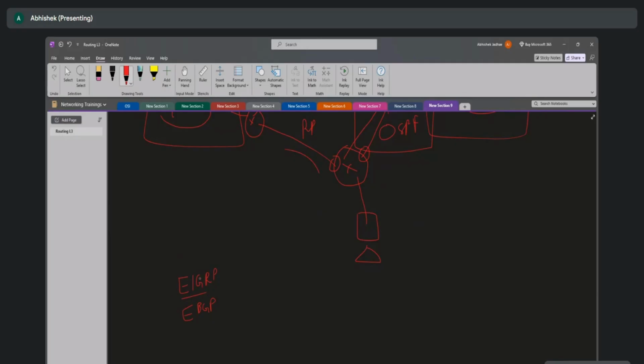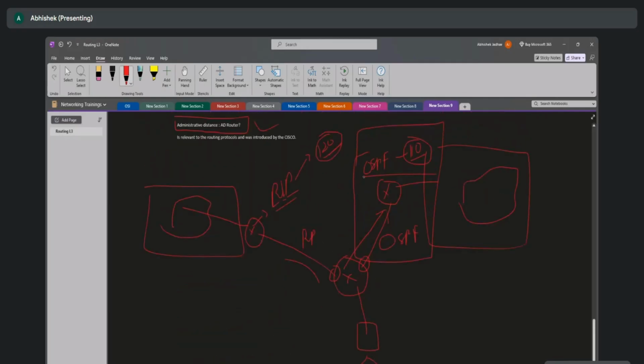Enhanced interior gateway routing protocol, right? This is the administrative distance for EIGRP, and this is the administrative distance for EBGP. Right? No need to remember, not a problem. But what you can remember is 110 and 120.